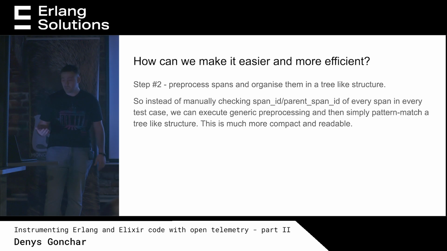It is a generic approach, and the tree itself, when you pattern match against it, looks much more compact and readable, so you technically can have all the attributes you are expecting in that pattern. You can have the tree structure that represents nesting, and you check everything in one shot, and if something goes wrong, at least in Elixir, it nicely highlights what doesn't match.